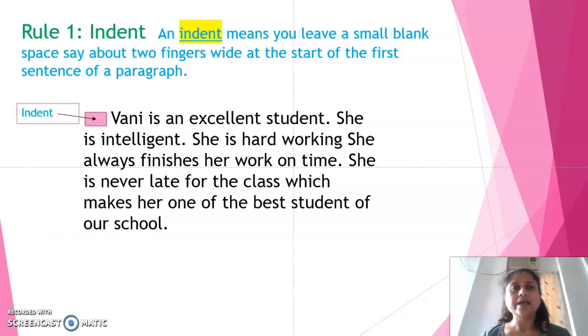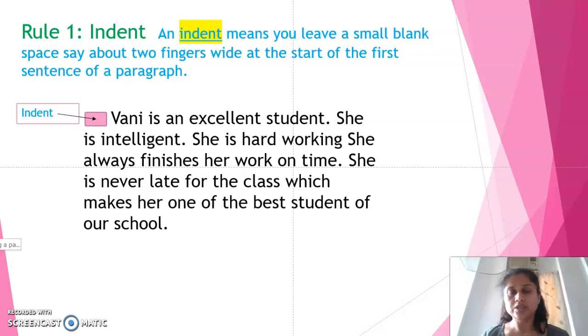First rule is indent. Now, what is an indent? Indent means a blank space that you leave at the beginning of the first line of your paragraph. See, the indent in my presentation is highlighted by the pink square.